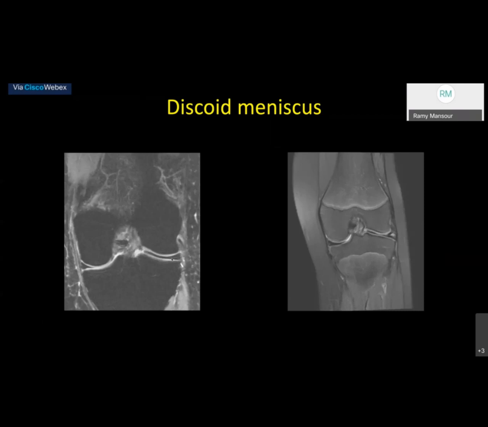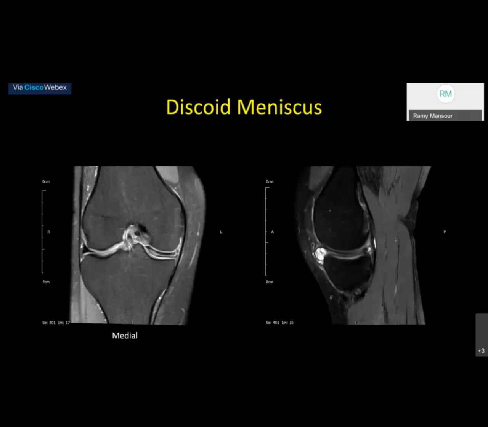It is most of the time not problematic, but it can lead at some point to a degenerative tear because of the continuous stress, especially on the inner part. 90% of discoid menisci occur on the lateral side, but 5% can happen on the medial side. This is an example of a lateral discoid meniscus with a horizontal tear and a small cyst.